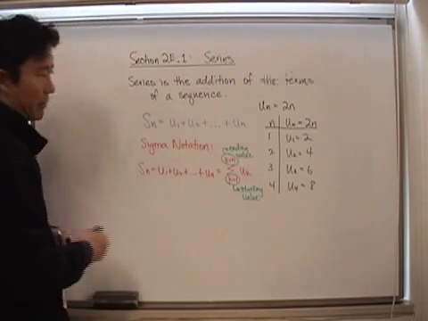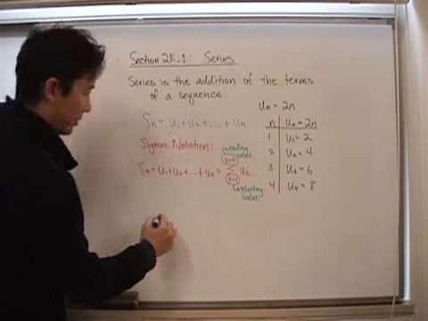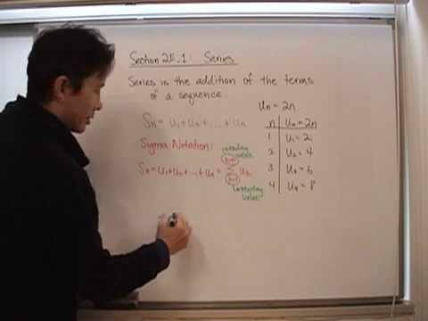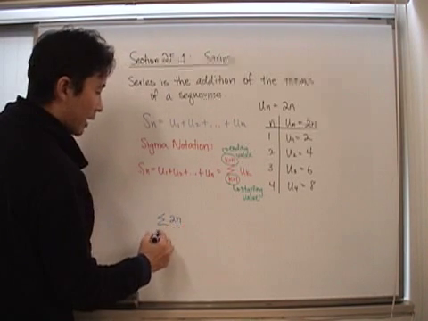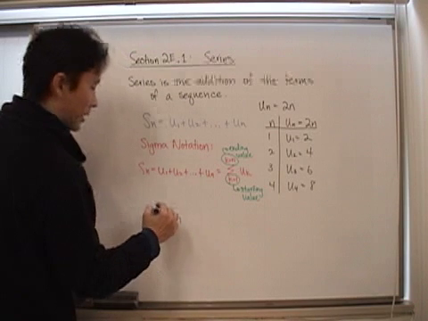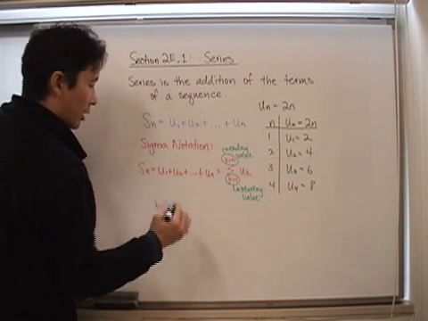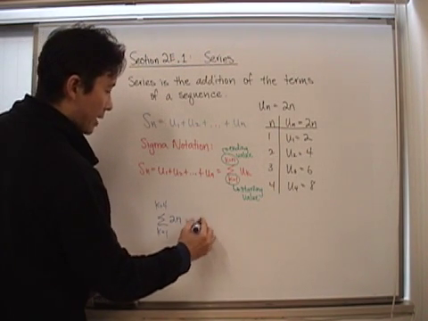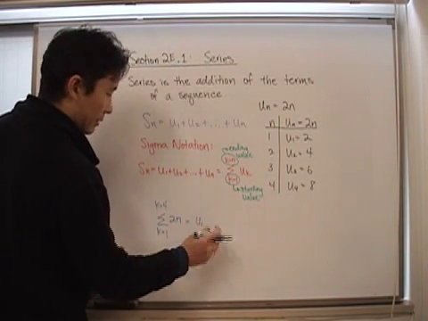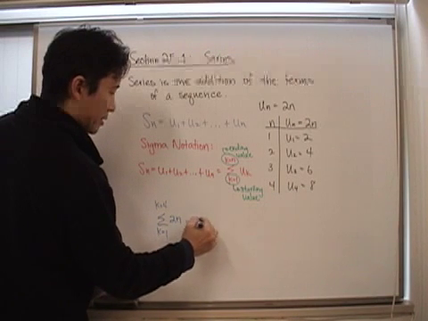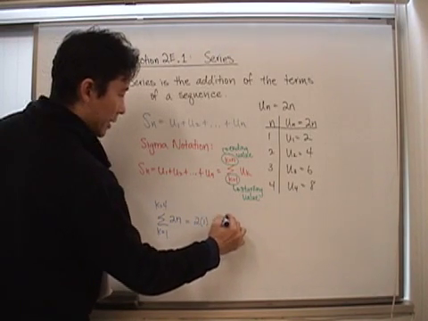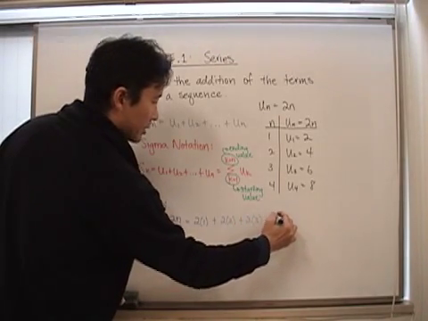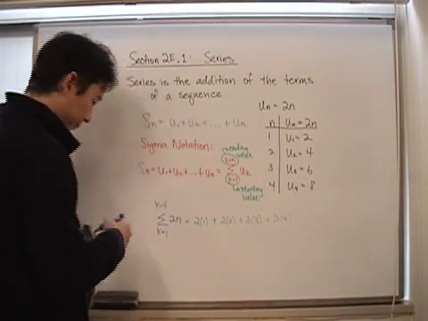Now, if I wanted to say, for example, the sum of this series, which is going to be 2k, and let's say that I go from k is equal to 1 to k is equal to 4, then what this means is that I'm going to add 2 times 1 plus 2 times 2 plus 2 times 3 plus 2 times 4.